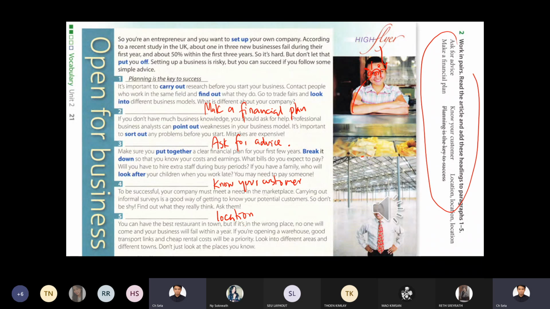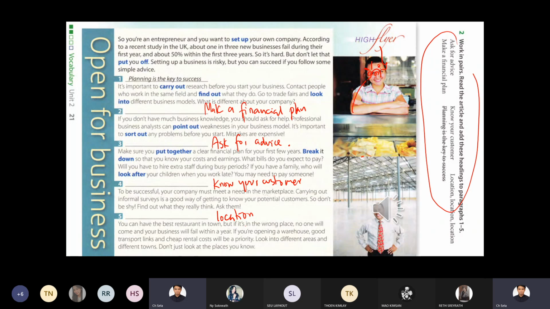What is different about your company? Number two, ask for advice. If you don't have much business knowledge, you should ask for help. Professional business analysts can point out weaknesses in your business model. It's important to sort out any problems before you start. Mistakes are expensive.